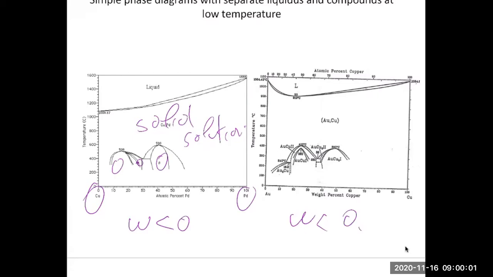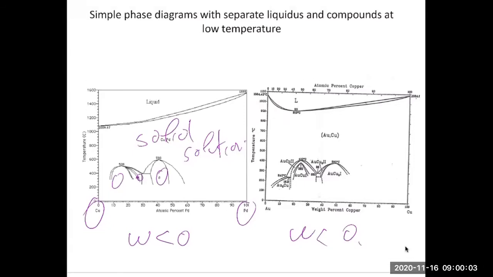And in copper gold, it starts to look a little different already. Again, you have these low temperature features. You still have kind of a lens at high temperature, but the lens is starting to be seriously distorted. It's actually pulling down here, which is probably indicating some issues with solubility in the solid state.